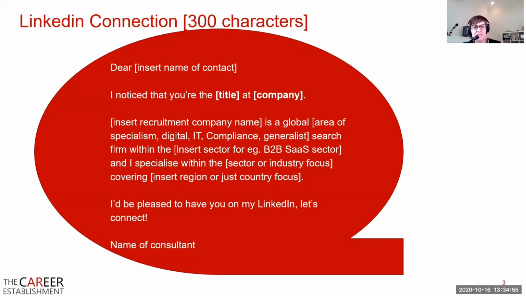Don't go too much into detail on we have 55 offices around the globe and list them all, because it's not relevant. If you have seen a post by that particular client and you've seen that they're looking for local candidates, then obviously put that in your connection. We are a locally based recruitment firm that prides itself on sourcing local talent.